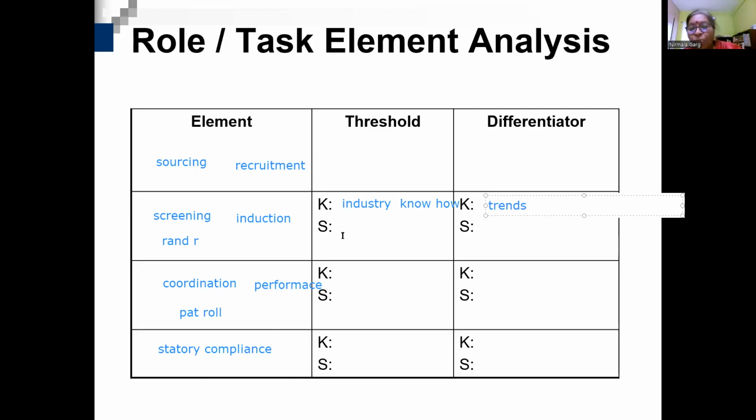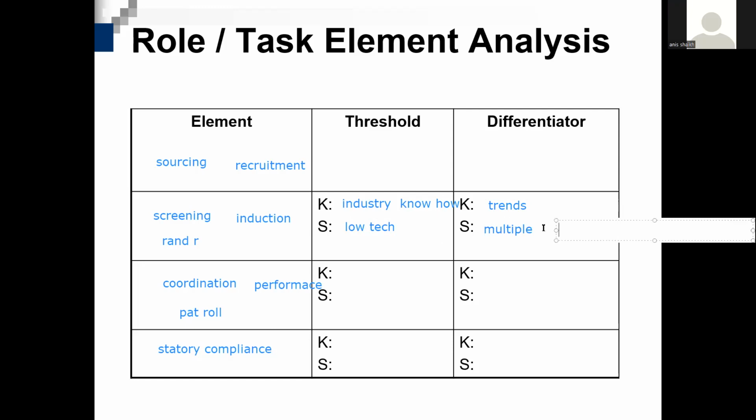So when you talk about screening again, this guy is using maybe only Excel and then he puts a word, okay? Low technology, just minimum. But this guy will know how to handle multiple technologies and quickly screen them in no time, right? Analytics.